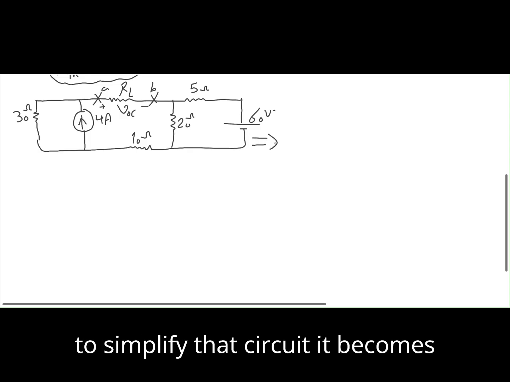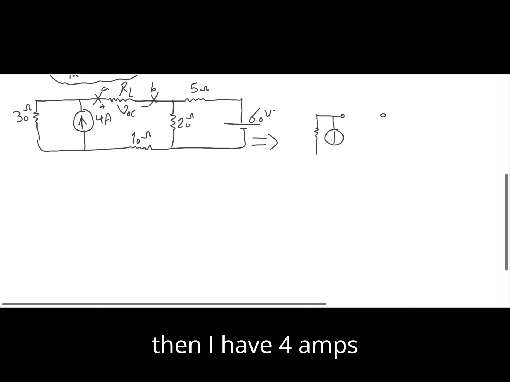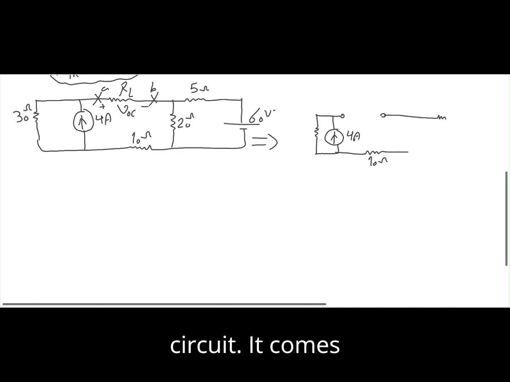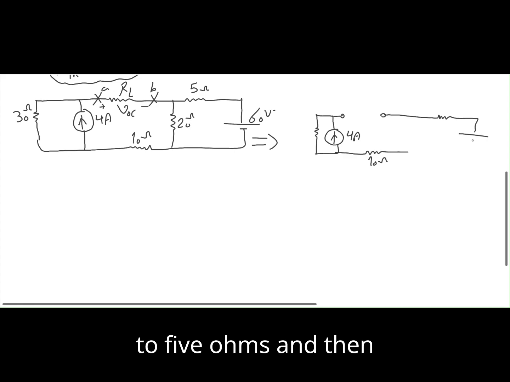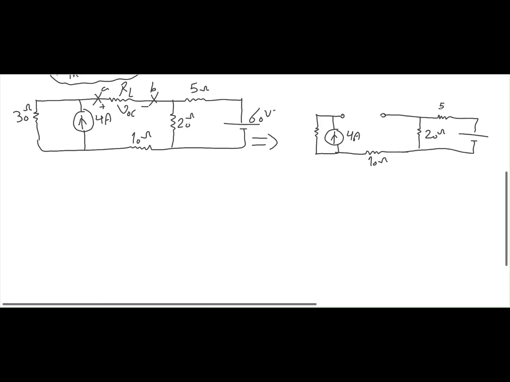So if I want to simplify that circuit, it becomes a 30 ohm at the left, and then this open source, and then I have 4 amps here. There's a 10 ohm at the very bottom of the circuit. It comes to 5 ohms, and then have 60 volts, and there's a 20 ohms in parallel here, 5 and 60.